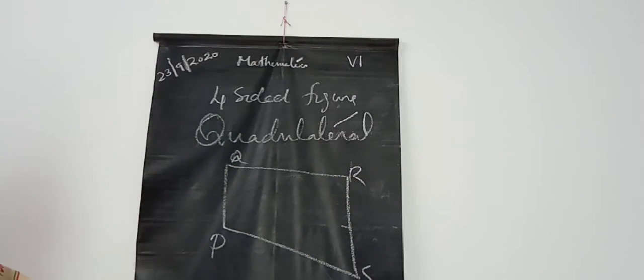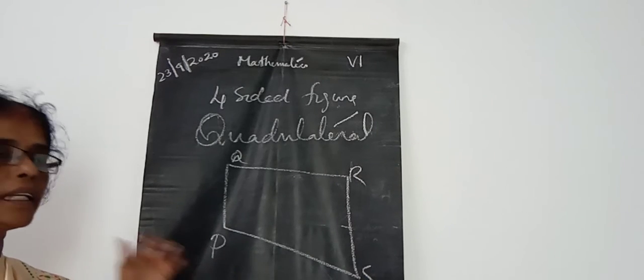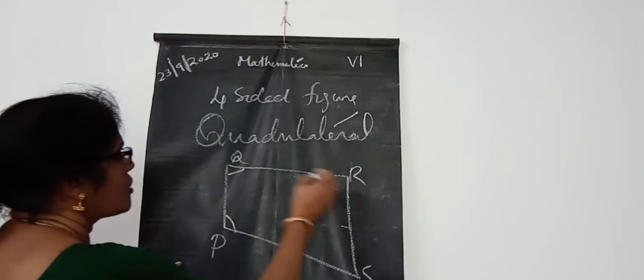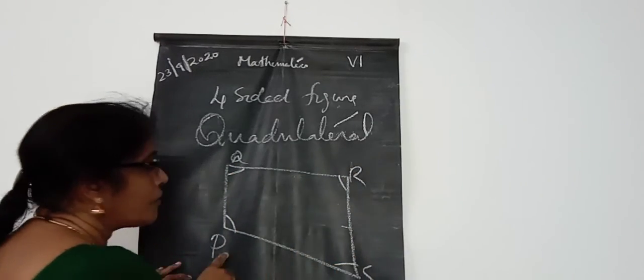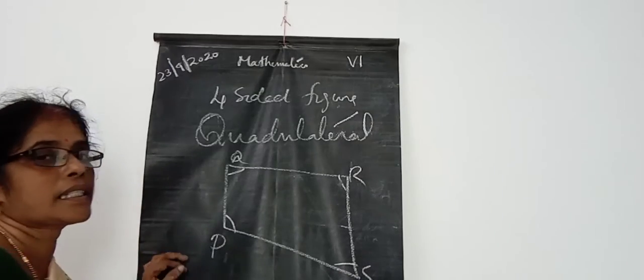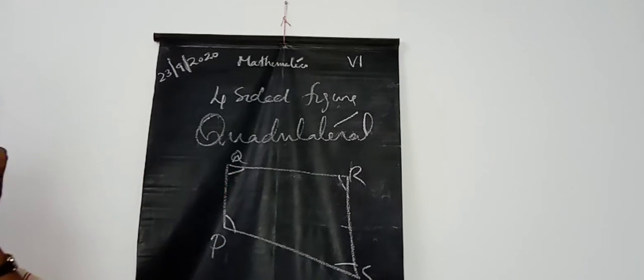In PQRS we get four vertices also. What are the vertices? Vertex P, vertex Q, vertex R, vertex S, that is vertices P, Q, R, S.